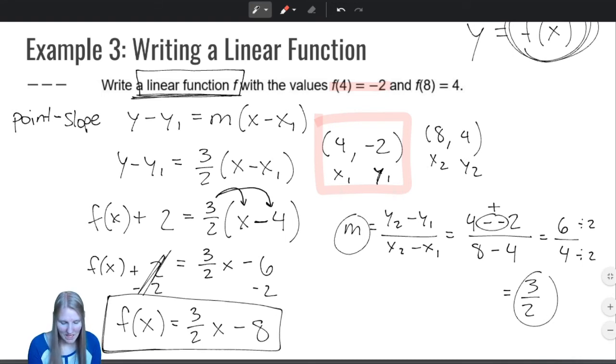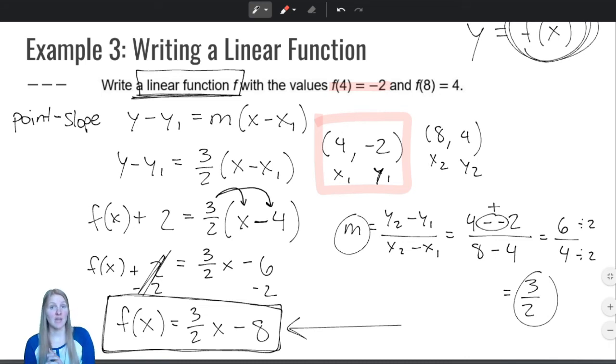So you can see now why it's helpful to be able to switch between point-slope form and slope-intercept form, because this final answer here, that's slope-intercept form. That's y equals mx plus b. Did you notice that? If you did, awesome. If you didn't, don't worry about it.